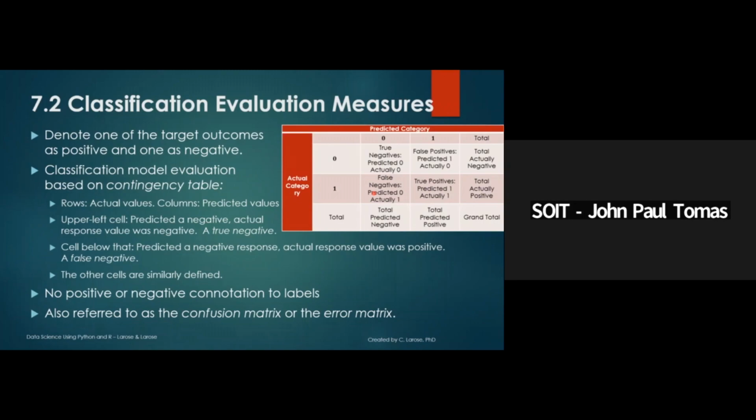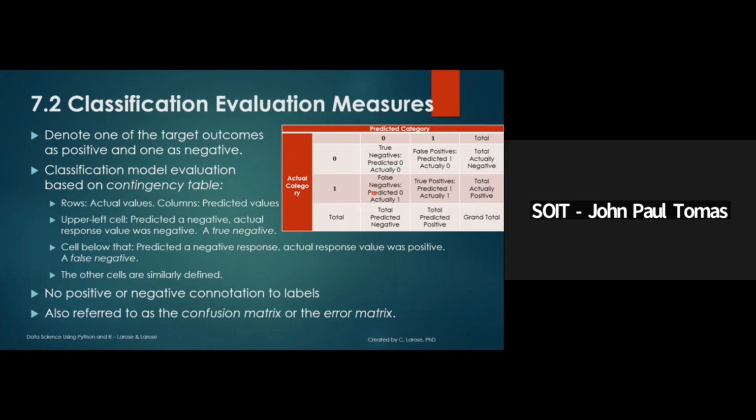When you have predicted 1 and actually 1 as well, that's true positives. And then for the totals, the TPN and the TPP are the totals of all the predicted negatives and all the predicted positives.